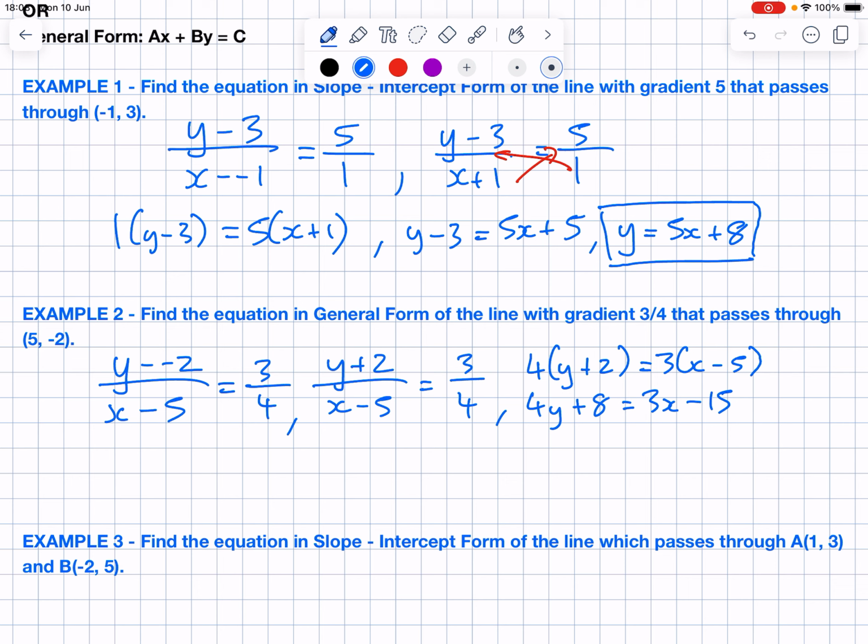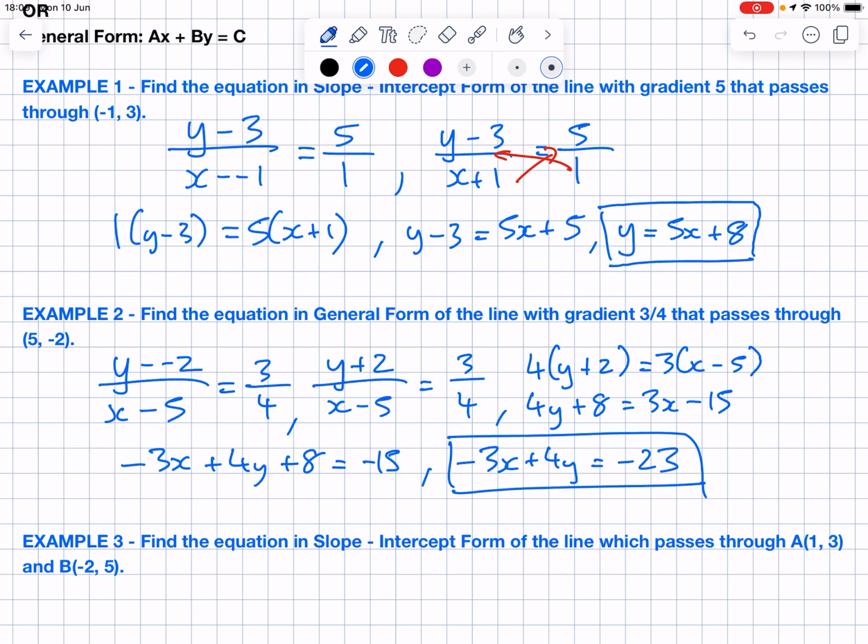The opposite of adding 3x is taking 3x, so you have -3x plus 4y plus 8 equals -15. And I want a single number by itself on the right-hand side, so I need to get rid of that add 8. The opposite of adding 8 is taking 8, so it's going to be -3x plus 4y equals -15 take 8, which should be -23, I believe. Done.